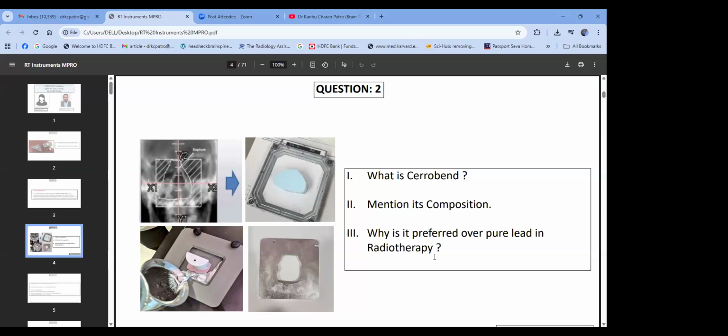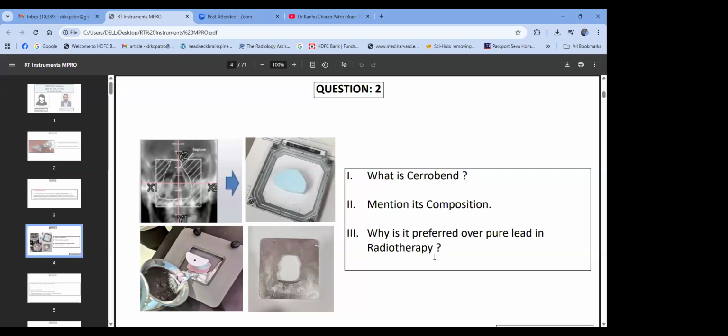To block, what we look for is the half value layer, sir. Half value layer is defined as the thickness of lead that is required to attenuate the primary beam to 50% of the present value. So for lead and for 6 MV photons, almost 4.32 half value layers are required to attenuate the beam and bring it to less than 5%, sir.